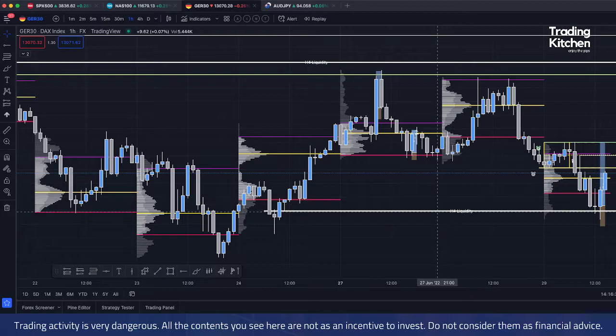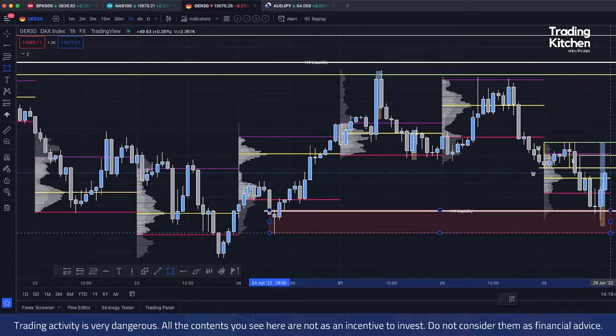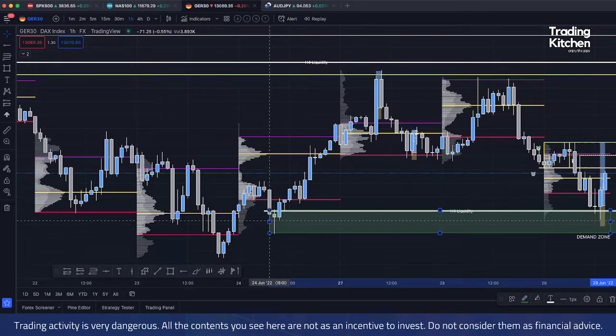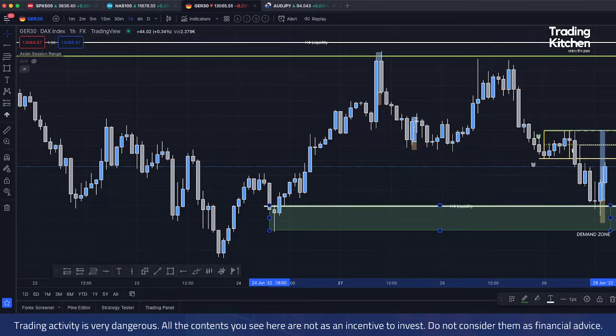Here we do have this liquidity level and this demand zone, from which this big impulse had been created.